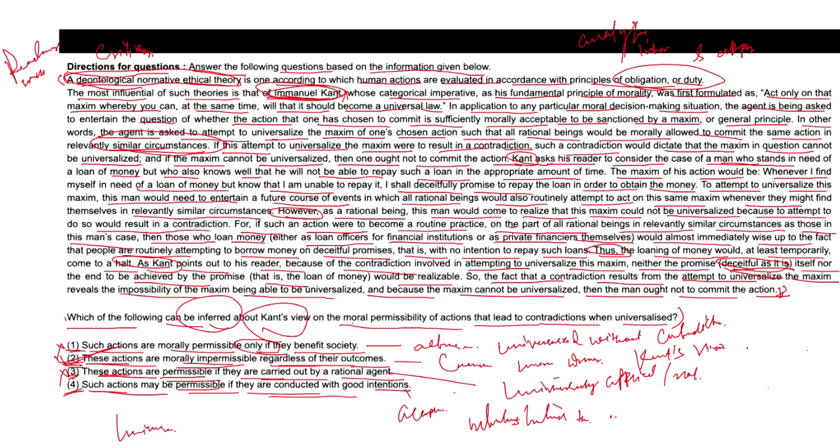Kant does not consider the outcomes or the intention behind the action, but focuses on whether the action can be consistently applied as a universal law. So under Kant's theory, if the reader finds that universalizing a particular action leads to a contradiction, that action is morally impermissible. Hence, we can say option two would be the answer. I hope you understood this. That's all. Thank you.